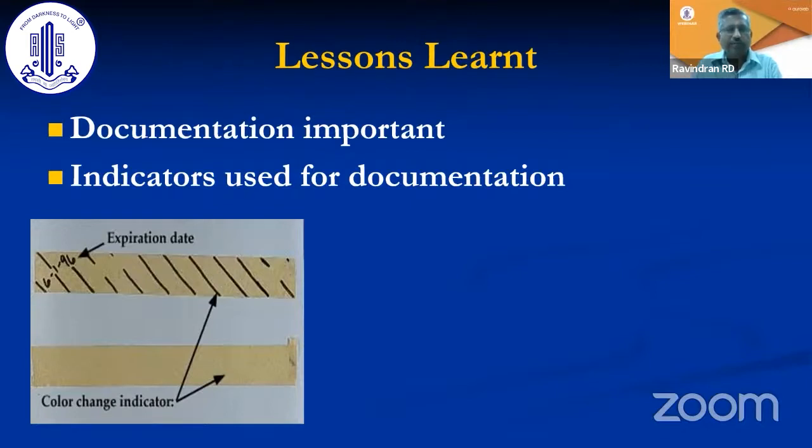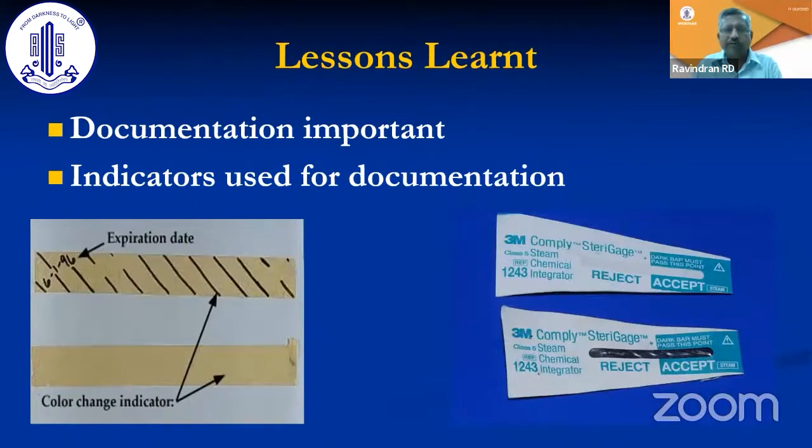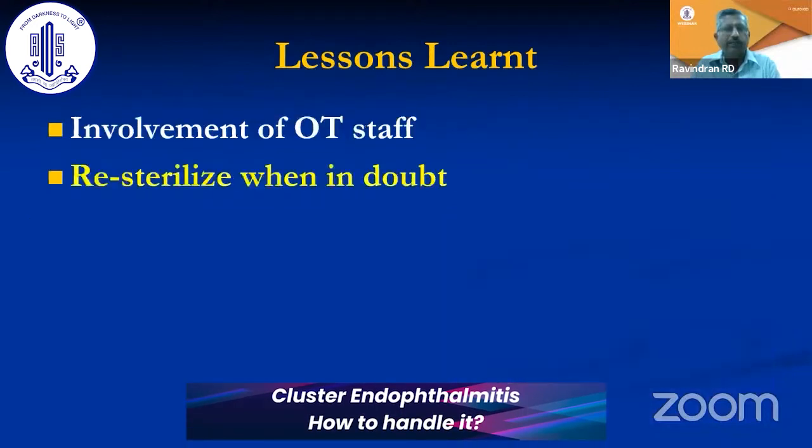So that was the time we switched over to class 5 indicators, where you need both the temperature at a certain level and also the pressure. So now, as a result of this incident, whether it is a long cycle or a short cycle, this indicator is used for every load or every bin. So this is one important lesson we learned.